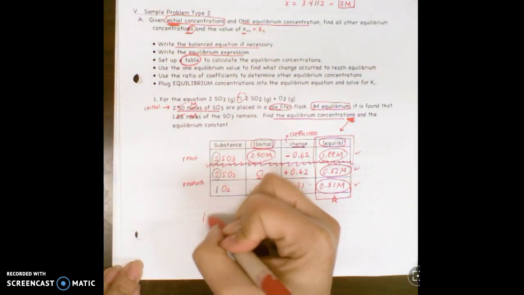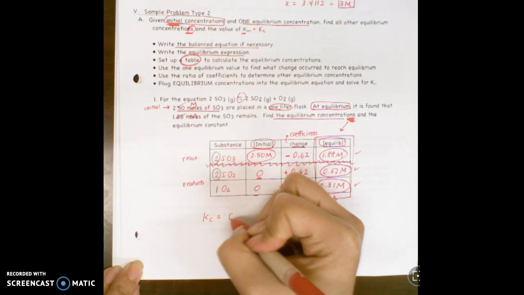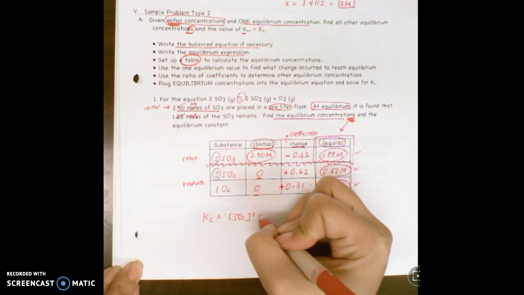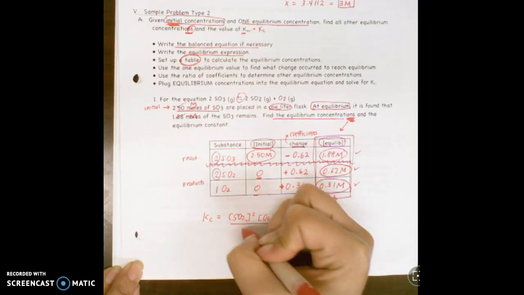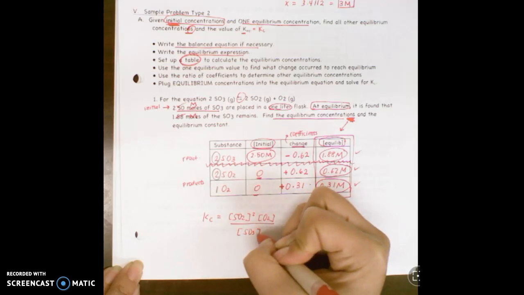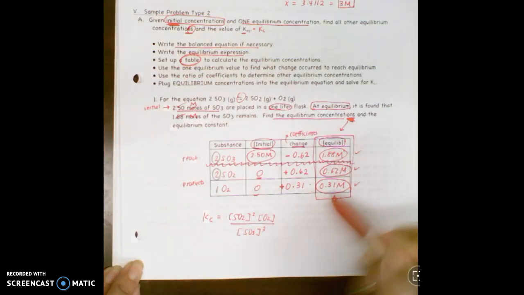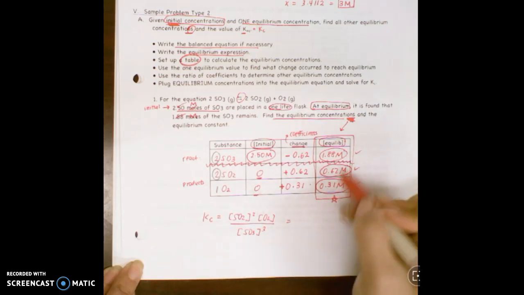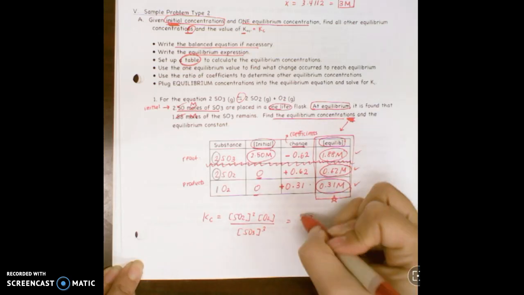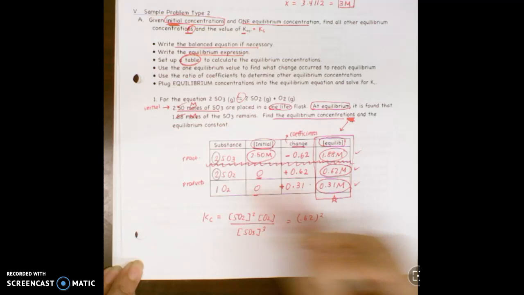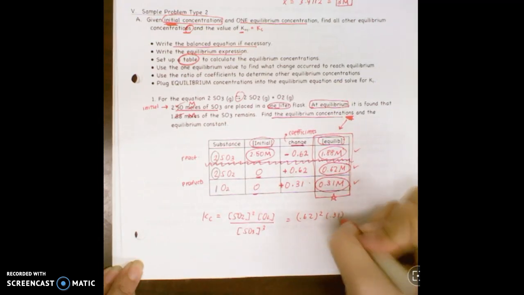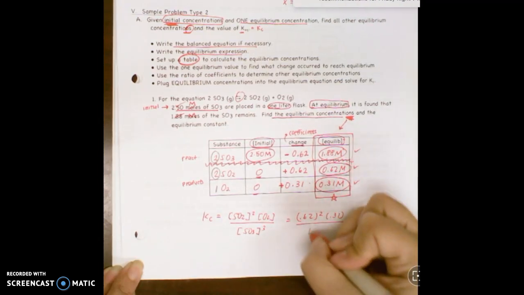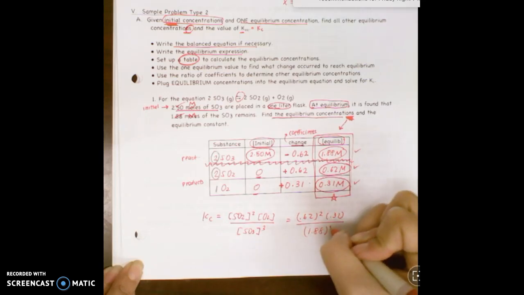And all you have to do is set up a K equation. So it's SO2 squared times O2, divided by the reactant, SO3 cubed. And all these numbers are going to go straight into the equation here. So SO2 is 0.62, square it. O2 is 0.31, and we're going to divide it by 1.88 cubed.